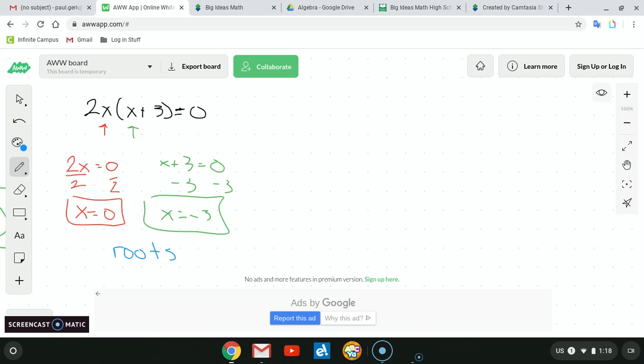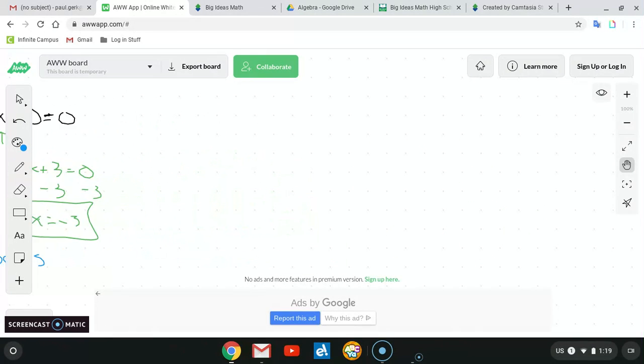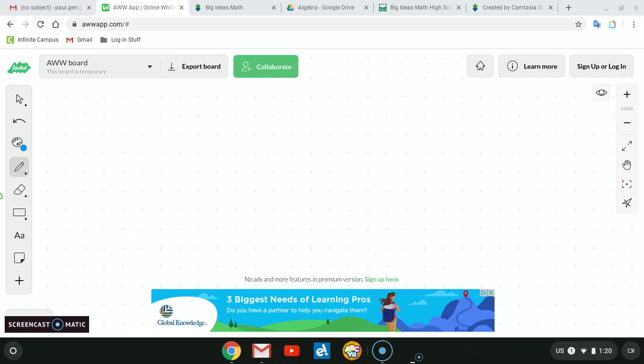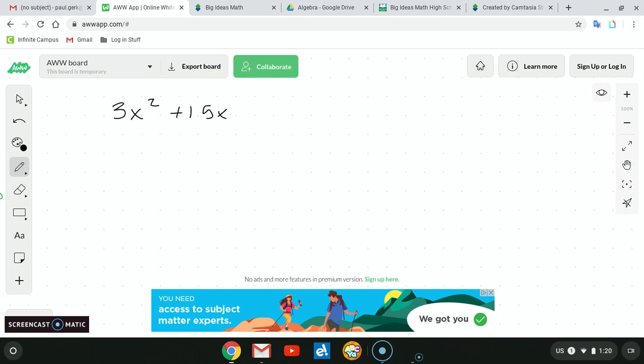So what we're going to do is combine this process that I just showed you, that you've learned already, with this process, the undoing. So let me come up with an example here. Let's go 3x squared plus 15x equals 0.